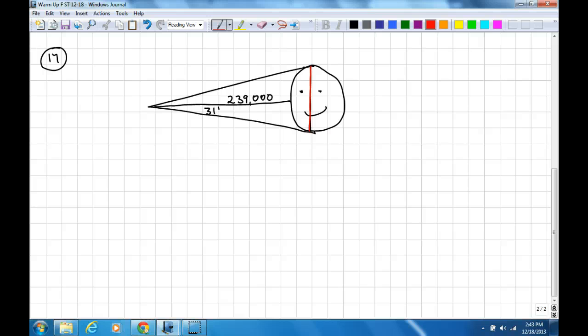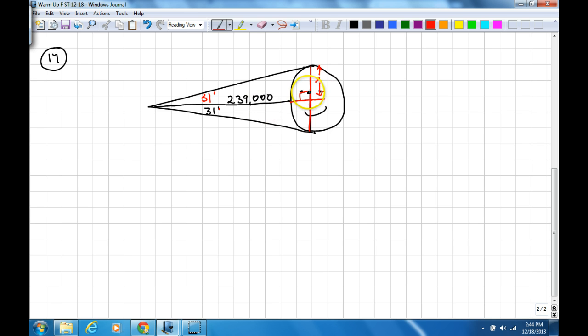So that's the diameter of the moon, or no, the length of... I'm going to find x from here to here. Once I find x, I'm going to do what with it? Double it, right?